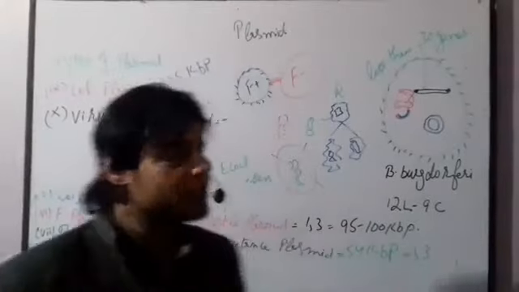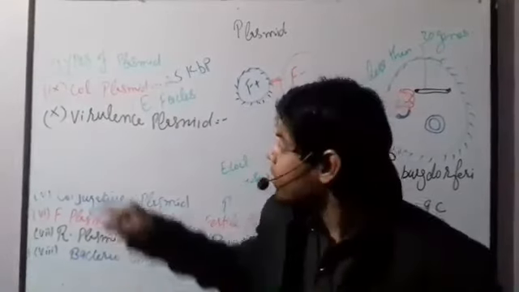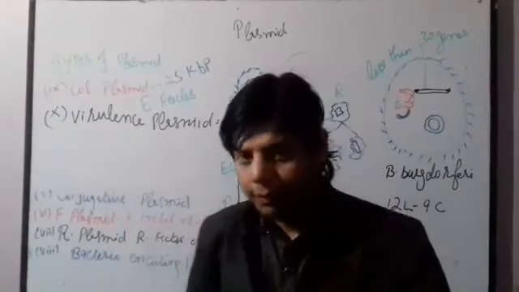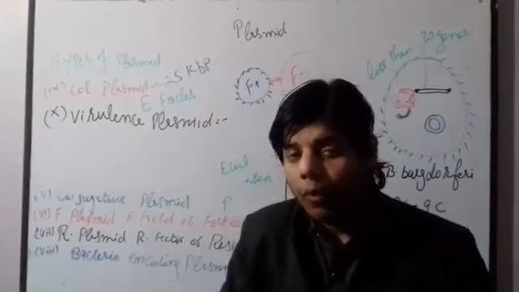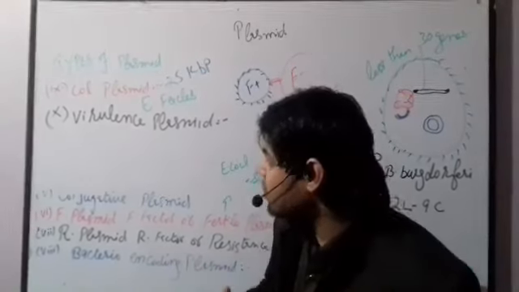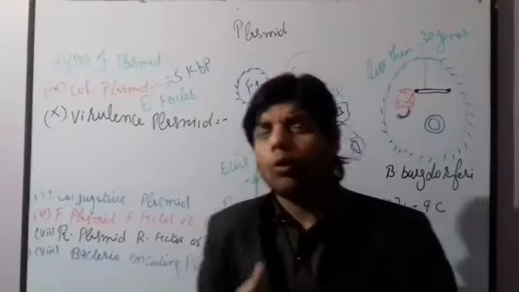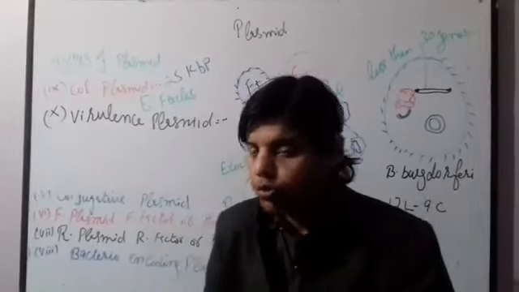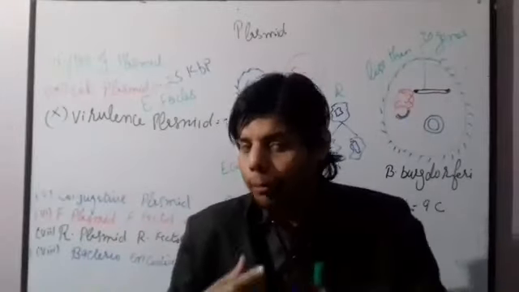Then we have another plasmid, we call it virulence plasmid. As the name suggests, we also call it pathogenic plasmid as well. Now virulence plasmids are plasmids which can make the bacteria more pathogenic. Why? Because they have special kinds of genes that produce proteins we call enterotoxin proteins. Such enterotoxin proteins can make the bacteria more pathogenic.